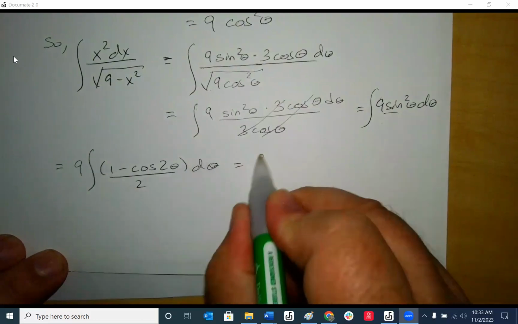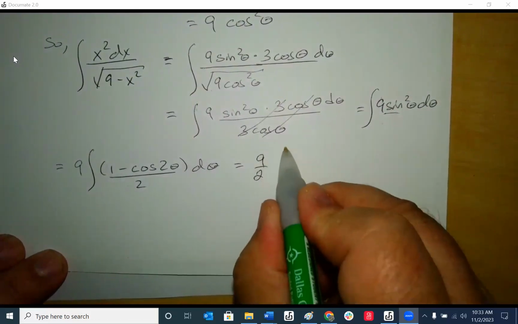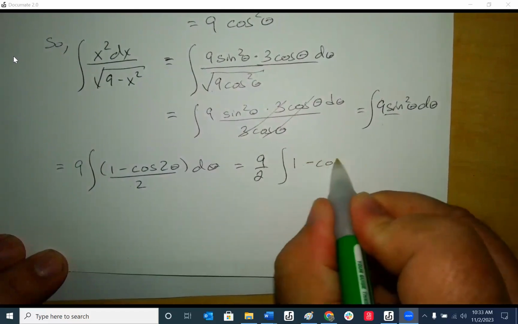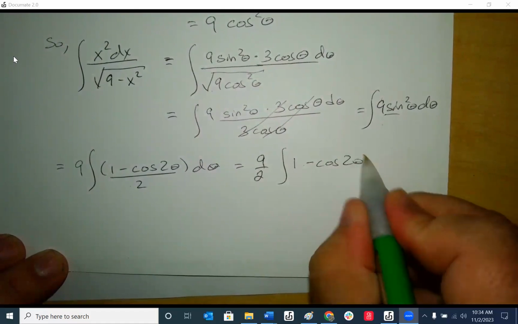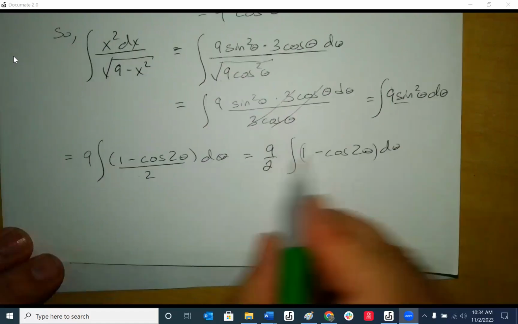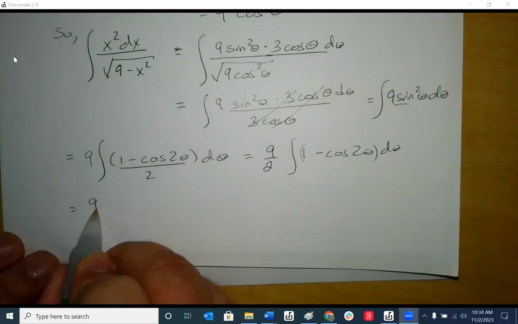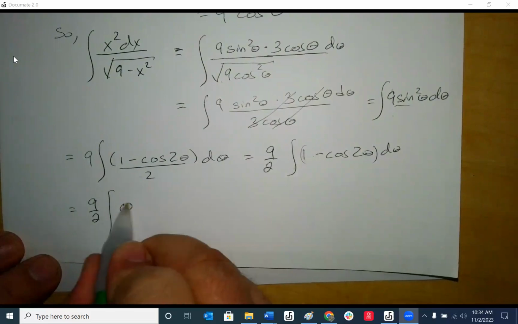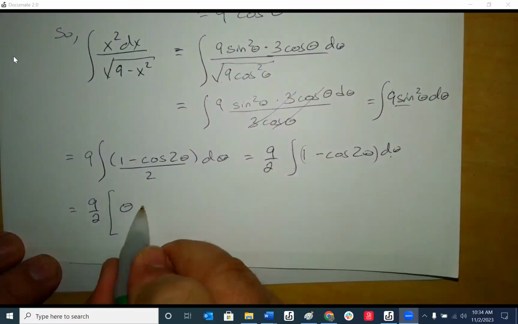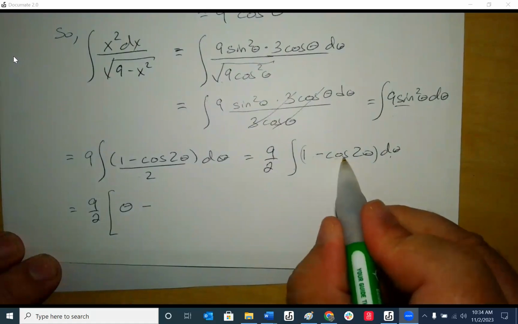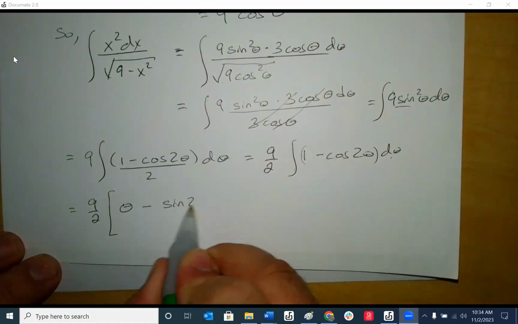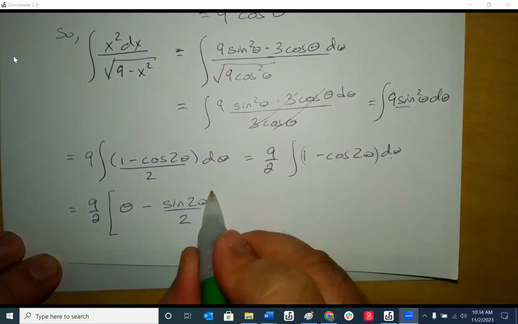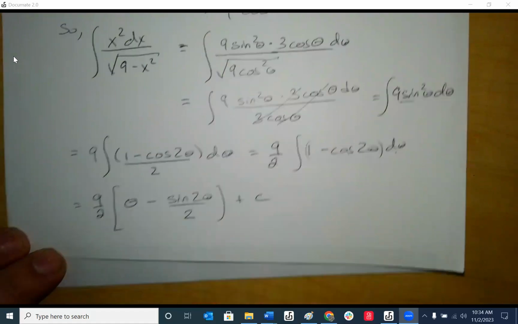Now it's much easier just to do this function. Okay, that's a constant, so it goes out in front. So we have 1 minus cosine 2 theta d theta. We can do those in pieces. The integral of 1 is theta, because we're doing d theta, minus the integral of cosine, which is sine 2 theta, and we needed a 2 in front, plus our constant.